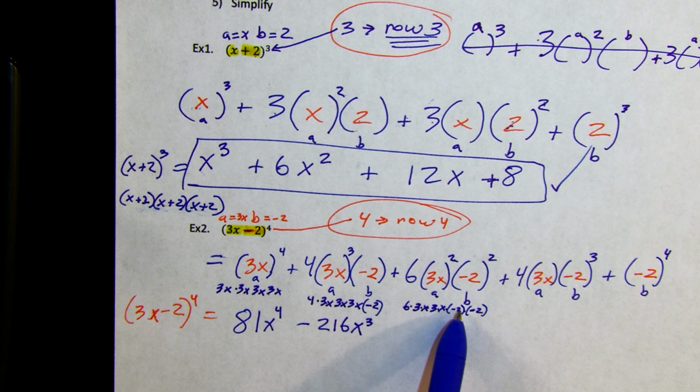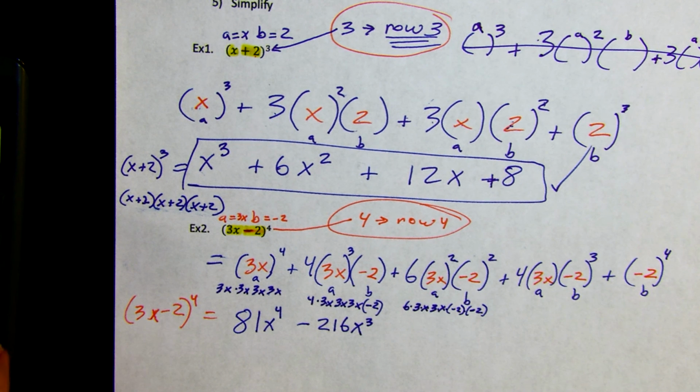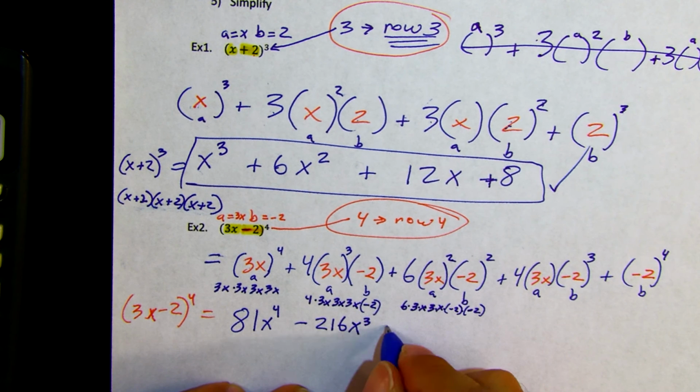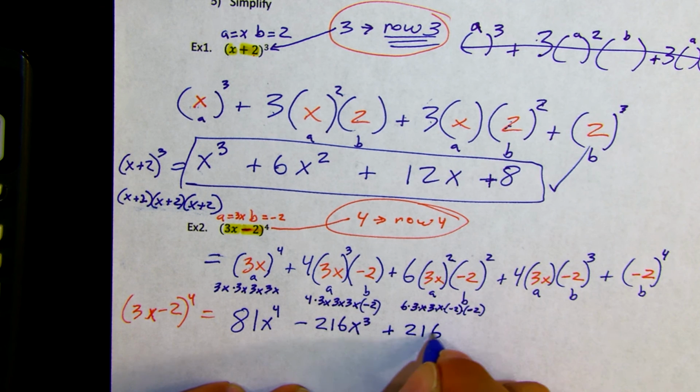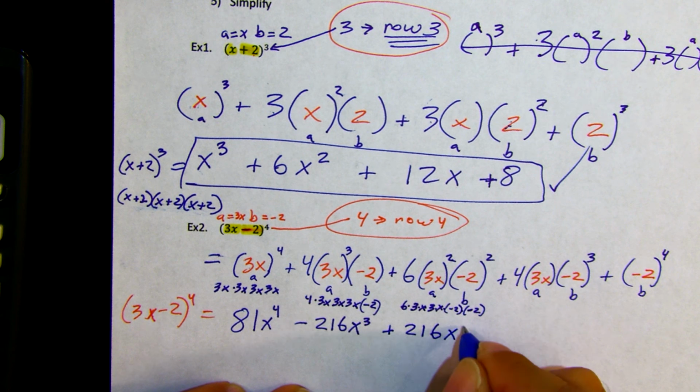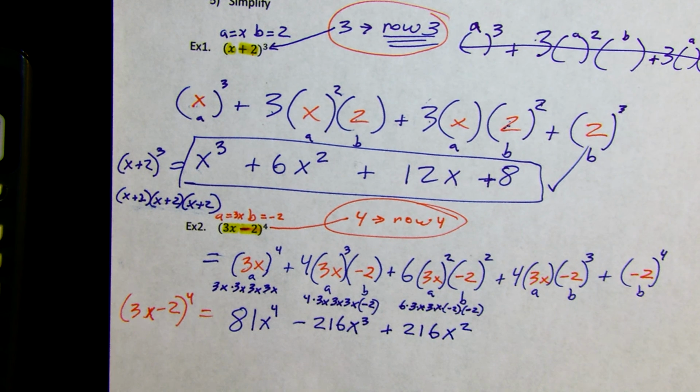So I'm going to keep that in mind and input those as I get to it. 6 times 3 times 3 times negative 2 times negative 2 is positive 4. So I'm just going to do times positive 4. Oh, God, look at this. Plus 216 x squared.